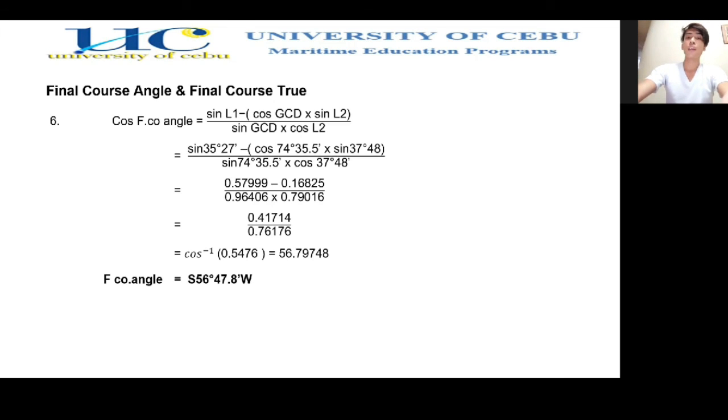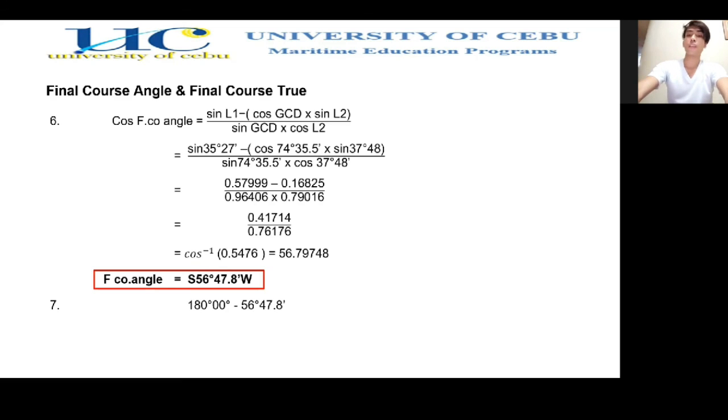In converting that into degrees, you should simply press shift, degree symbol on your calculator, then press equals. So now we get south 56 degrees 47.8 minutes west.